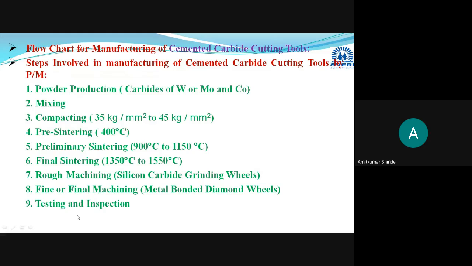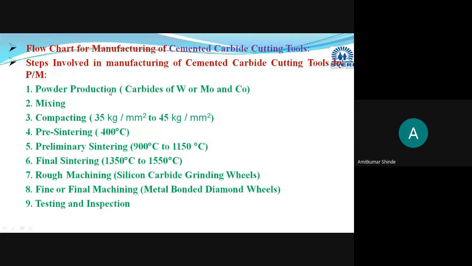What is the difference here? The sintering operation involves three sintering operations: pre-sintering, preliminary sintering, and final sintering, with different temperature zones. Then two machining operations are there. That's why you are seeing more stages.